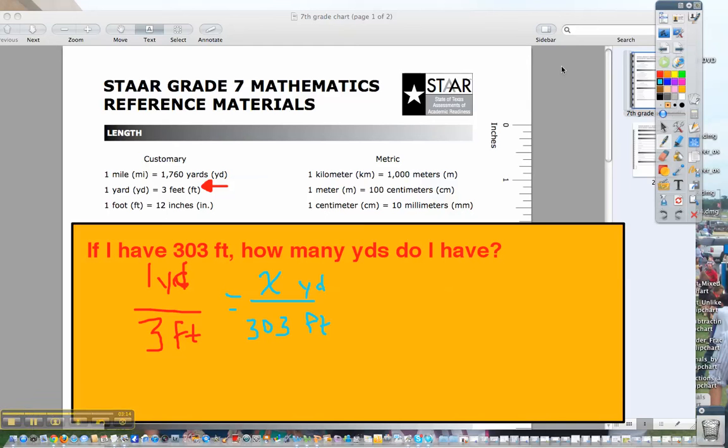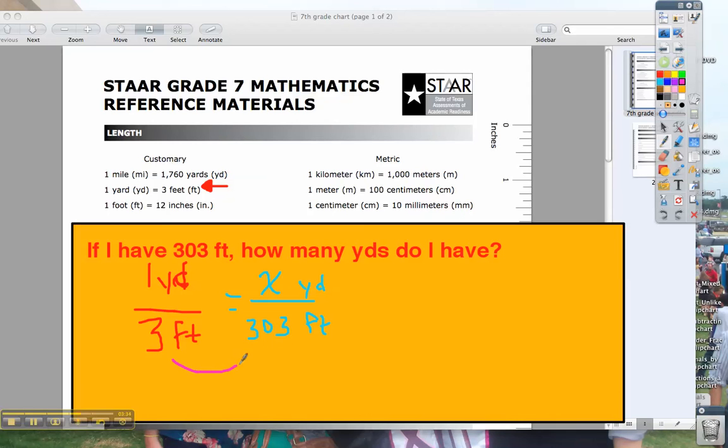These are really big numbers, so seeing our little models, we could maybe do them, but it's going to get pretty messy. So another way we could think is what our scale factor is. Well, we know that we can think of a scale factor up and down, or we can think of a scale factor side to side. So I look here and I think, okay, well, what do I do to 3 to change it into 303? Some of you may know, some of you may not know.